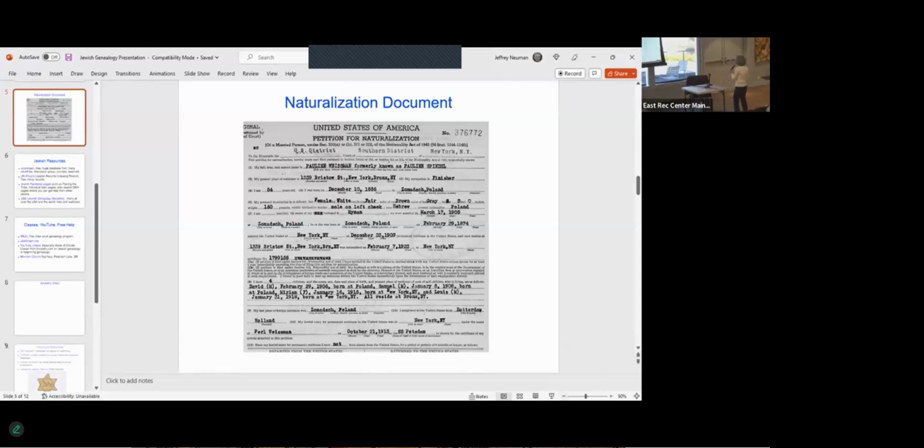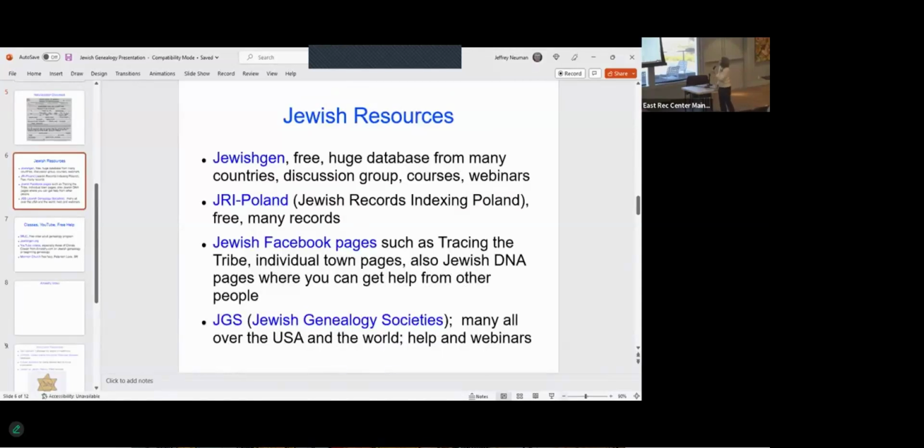Okay, next slide. Okay, Jewish resources. The most important one is JewishGen, and I have a whole bunch of stuff I want to tell you about it. It's free. It's run by hundreds of volunteers.